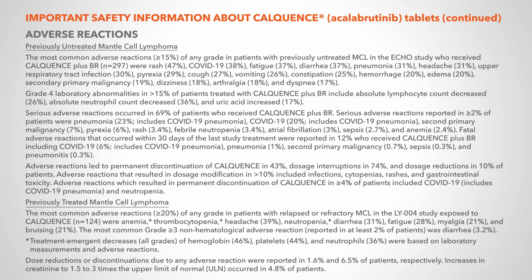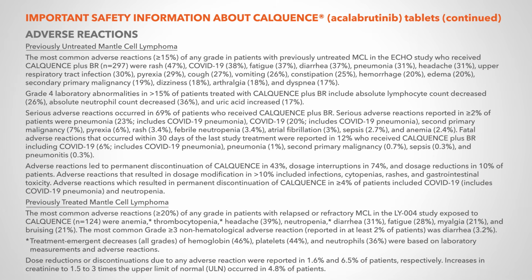Fatal adverse reactions that occurred within 30 days of the last study treatment were reported in 12% who received CALQUENCE plus BR, including COVID-19, 6%, includes COVID-19 pneumonia, pneumonia, 1%, second primary malignancy, 0.7%, sepsis, 0.3%, and pneumonitis, 0.3%. Adverse reactions led to permanent discontinuation of CALQUENCE in 43%, dosage interruptions in 74%, and dosage reductions in 10% of patients.